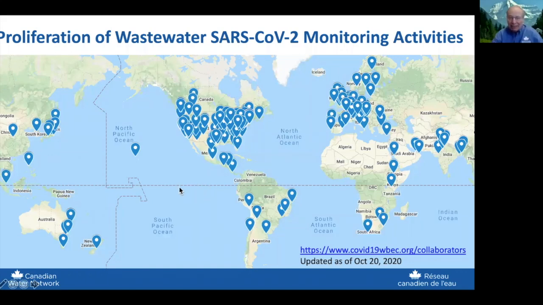So you can see that the technique really has proliferated. In my research career, I've never seen anything quite like it, where that much has happened that quickly, which is great in terms of getting a variety of people looking at it. But there are also some cautions that we'd like to bring out.